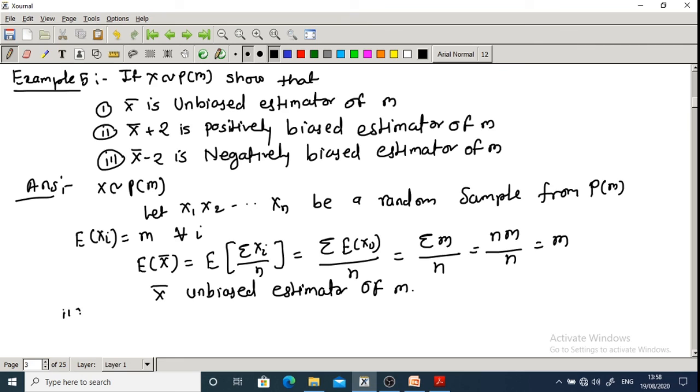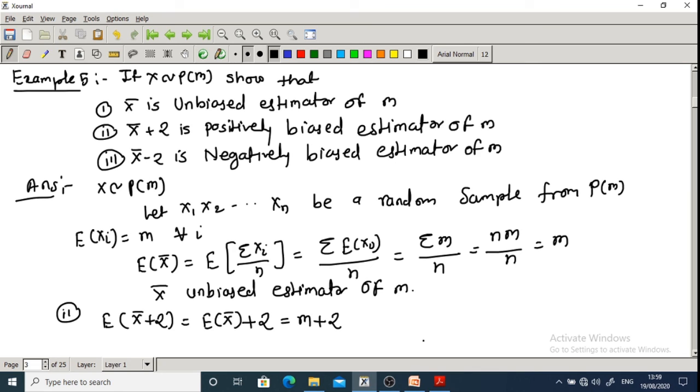For the second, consider expected value of x bar plus 2. So which is equal to, we can take expectation inside, expected value of x bar plus 2. So which is equal to, expected value of x bar is m, plus 2.